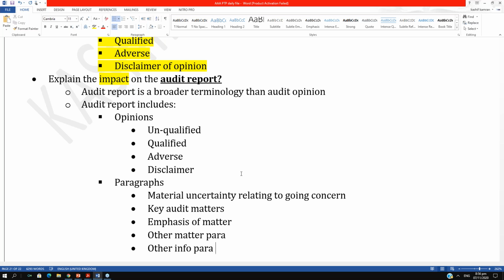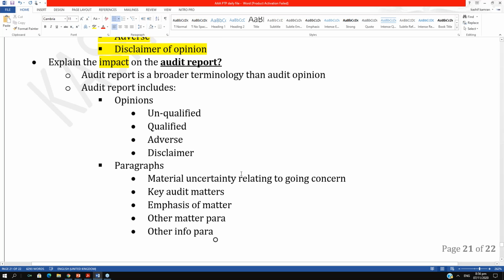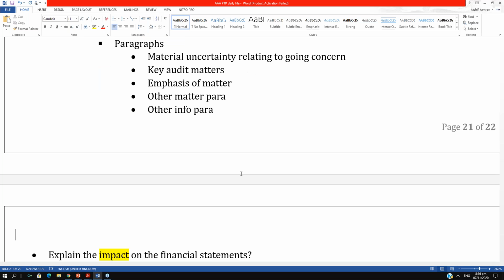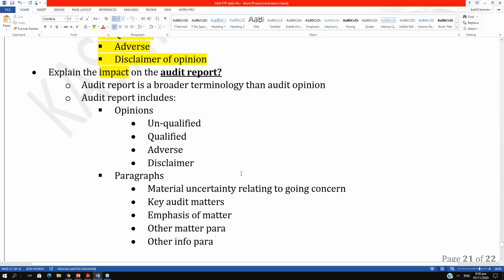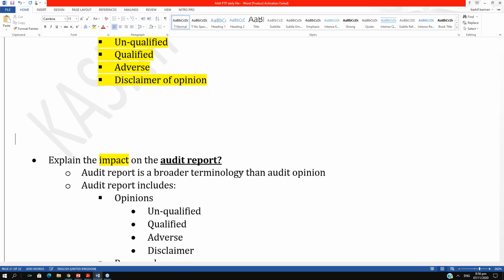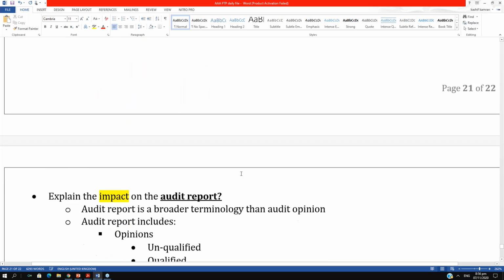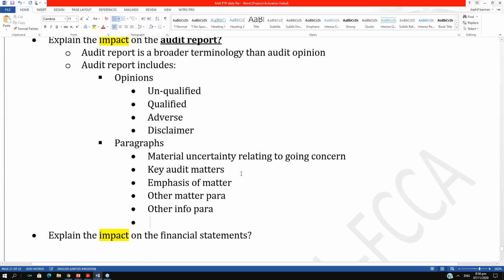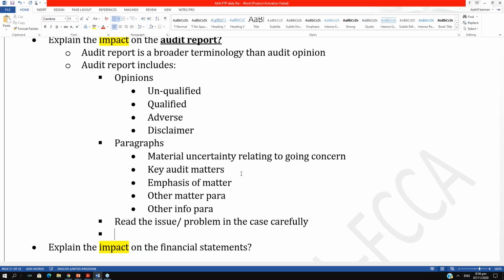So when the examiner says impact on audit report, will you read the case carefully? Read the issue or problem in the case carefully and judge the right impact on the audit report for that issue.